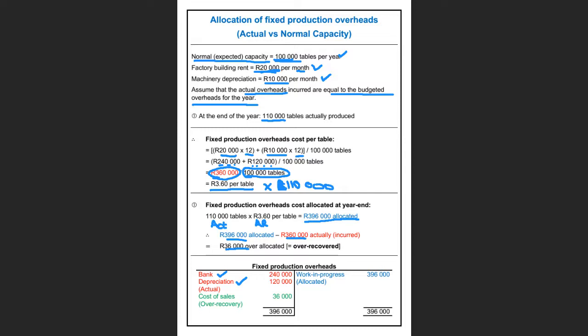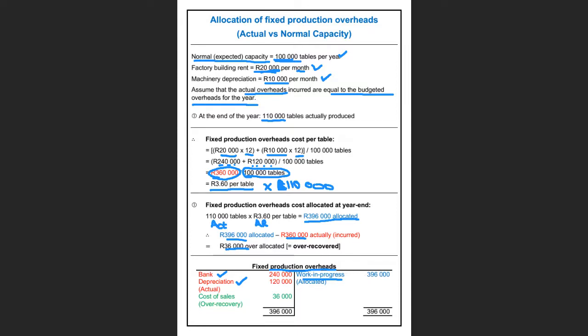We then moved that depreciation out of the depreciation account into, let's say, our overheads account, and then from the overheads account into inventory. I know it says work in progress, let's just call it inventory.